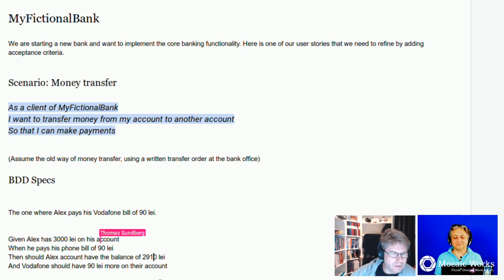When I implemented the first step here, given Alex has, I would pick a proper account in the code that executed this. There's no need for me to communicate which test account I am using here. And if you're wondering, can I do it like that? Is it okay?